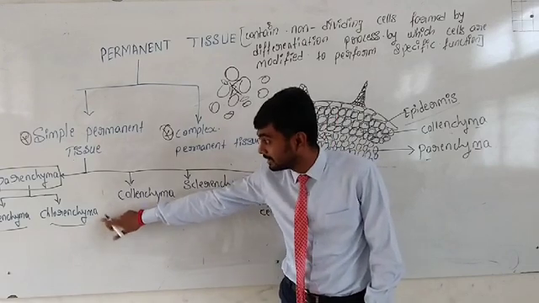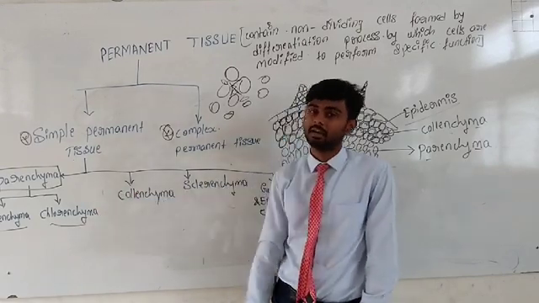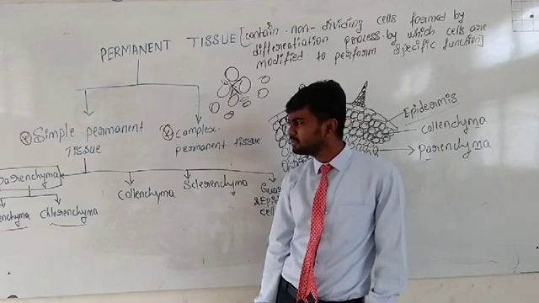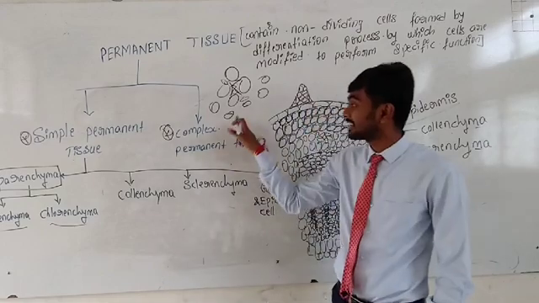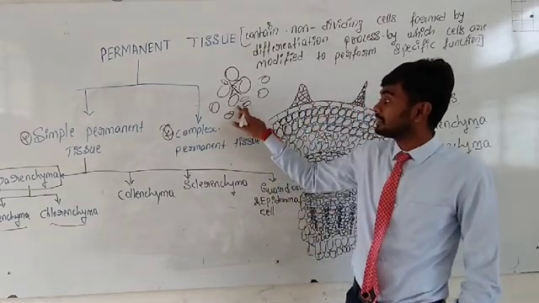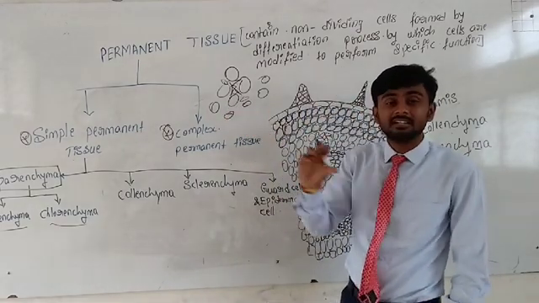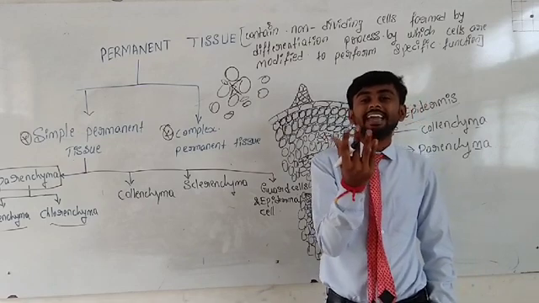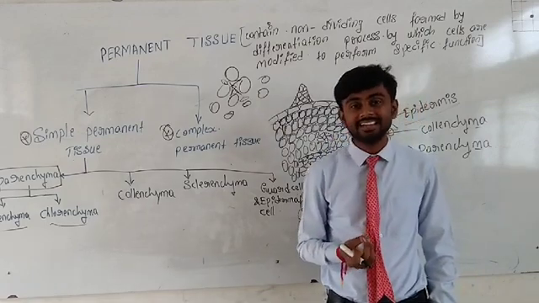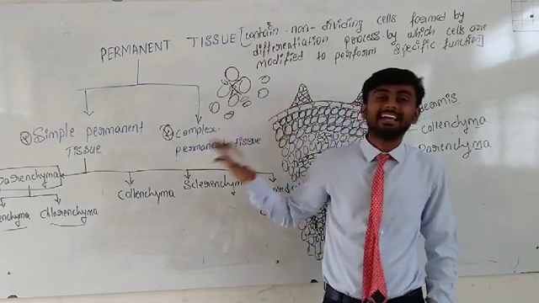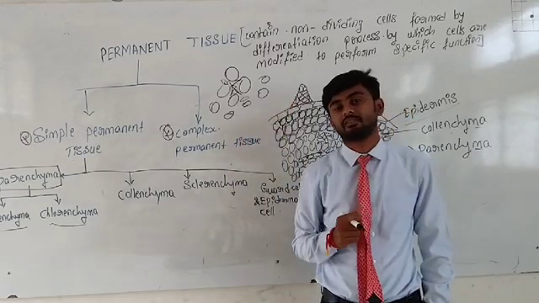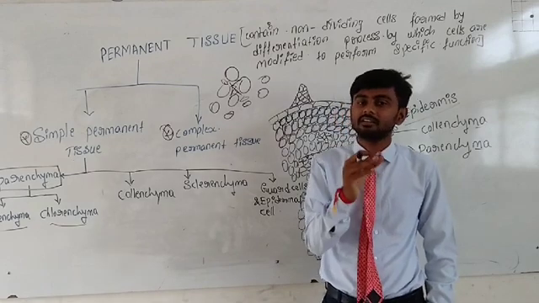So that's why that is known as chlorenchyma. And also the parenchyma tissues contain large intercellular spaces. In between that space, air is present. So that is known as parenchyma.